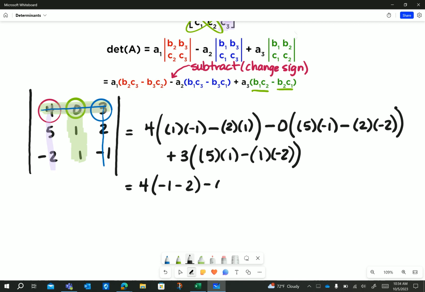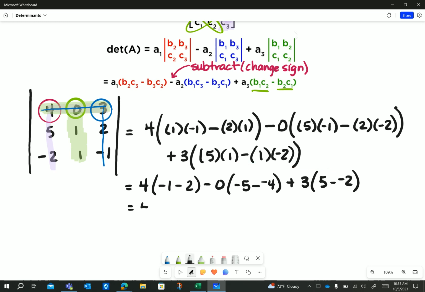I know a lot of these you can do really quickly with head math, but I'm going to do it step by step so that we don't make any mistakes. 1 times negative 1 is negative 1, 2 times 1 is 2, I put the minus in between, brought down the 0, 5 times negative 1 is negative 5, brought down the minus, 2 times negative 2 is negative 4, and the last 3 brought down, 1 times 5 is 5, brought down the minus, and 1 times negative 2 is negative 2.